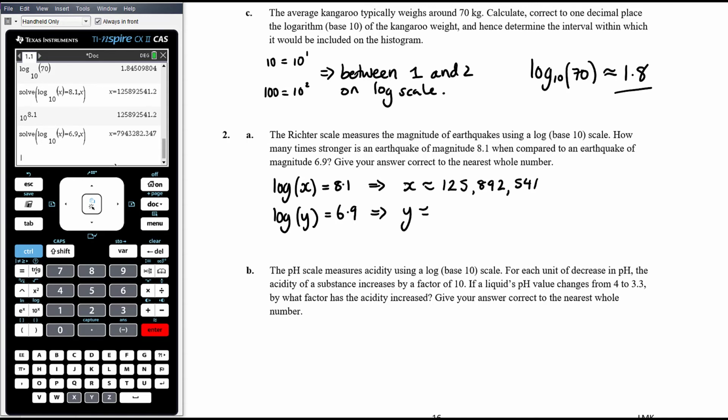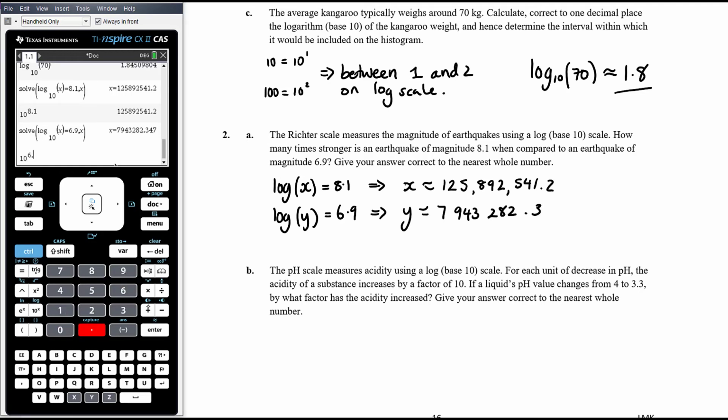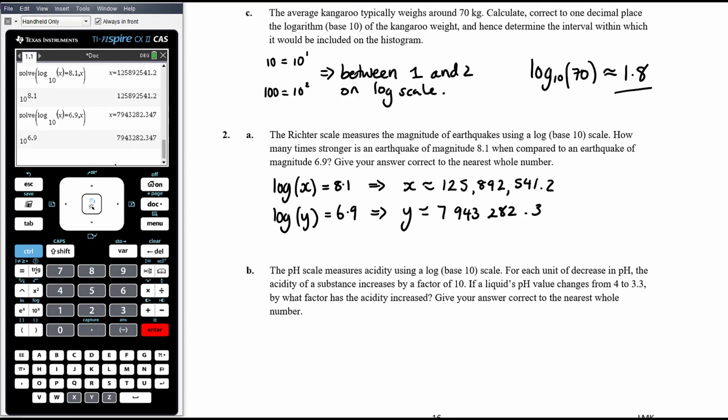Alright, so that is 7,943,282. As I said, again, you could calculate that just by doing 10 to the power of 6.9 if you know how the logs work. And we want to know how much bigger this is, how much to get from that to that.